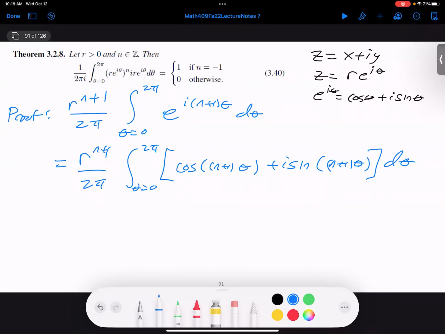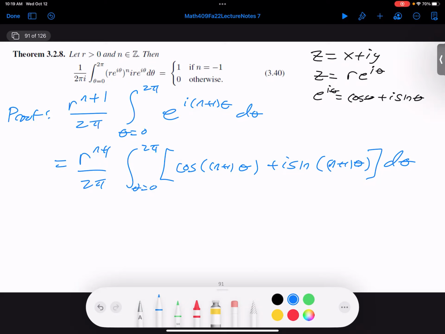For the cosine term, there's one situation we have to be careful about when we don't have an integer number of periods. What's that one situation? Yeah, if n equals -1, then I have the cosine of 0. What's the cosine of 0? 1.